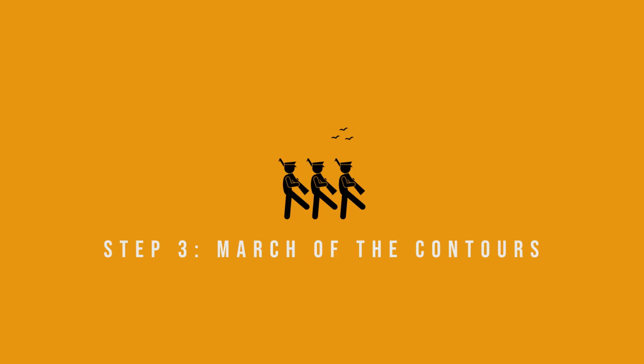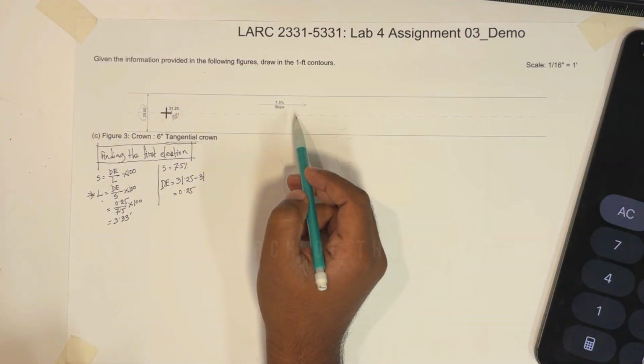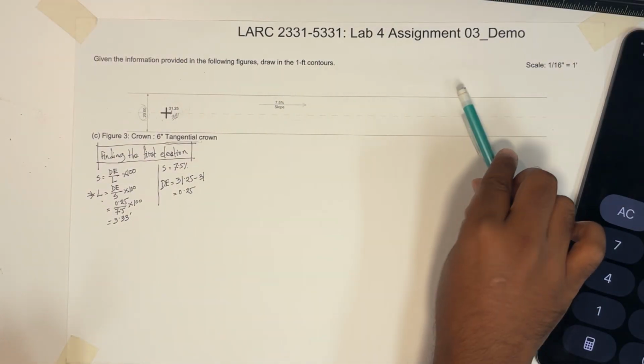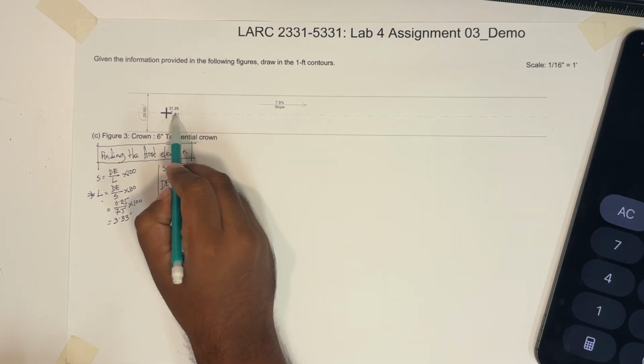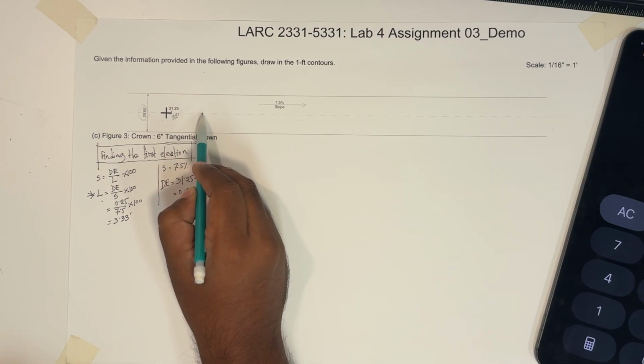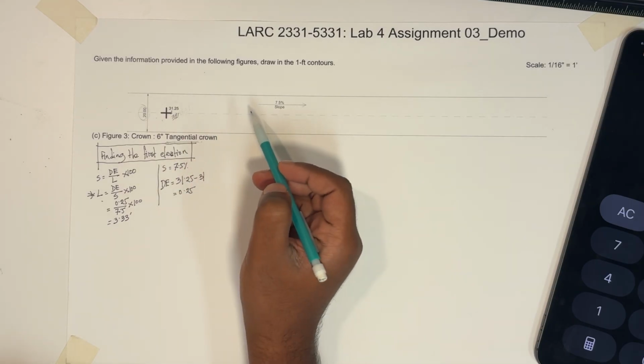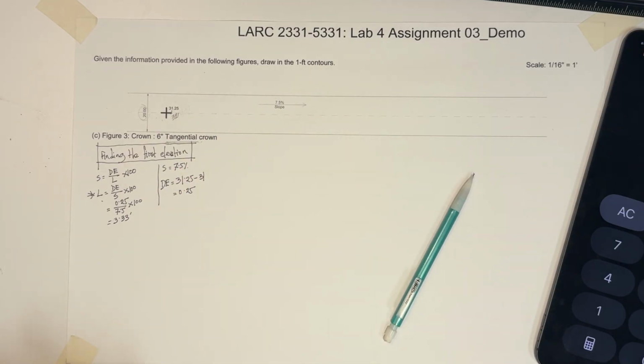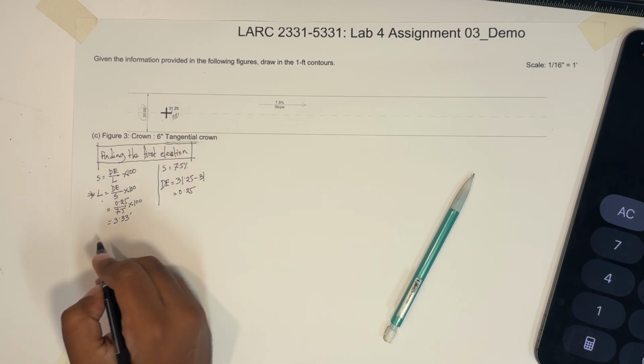Now we need to do a contour march. That would be the third step. To do a contour march, we need to understand what's the difference between 1 feet full intervals. So let's try to calculate for that.